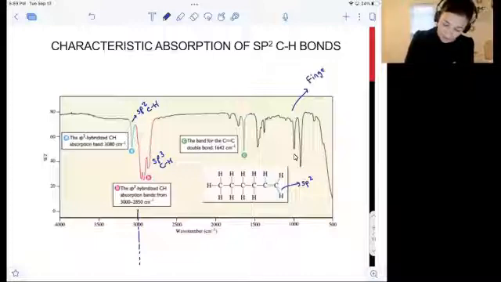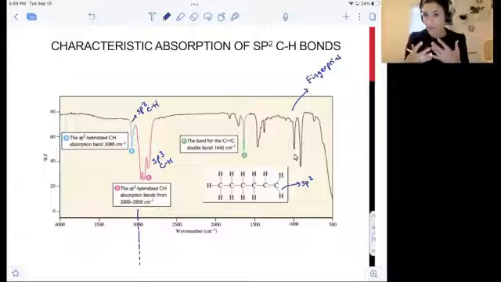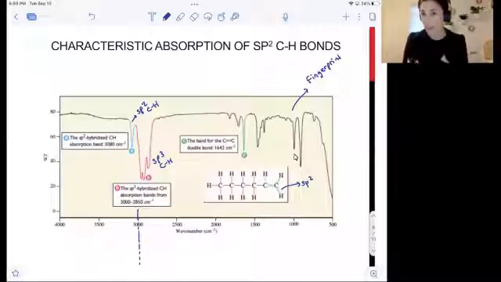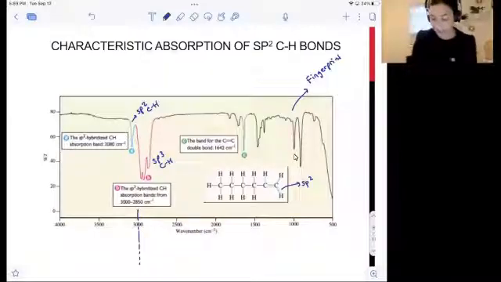We call this the fingerprint region. Much like our own fingerprints, there is a unique signature that corresponds to each individual molecule embedded within here. But again, it can be really difficult with your naked eye to get the important information from that. So we're going to focus on some of the signals that are a little easier to recognize.